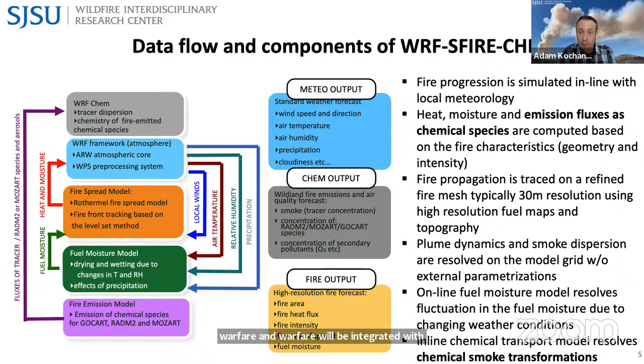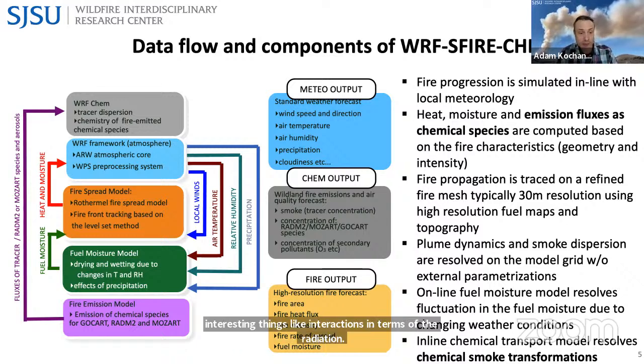At that moment, you will be able to capture those interactions not only in physical space, but also in chemical space, and also other interesting things like interactions in terms of the radiation, for example, between the smoke and the atmosphere.